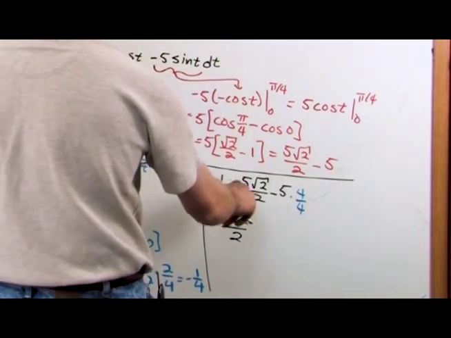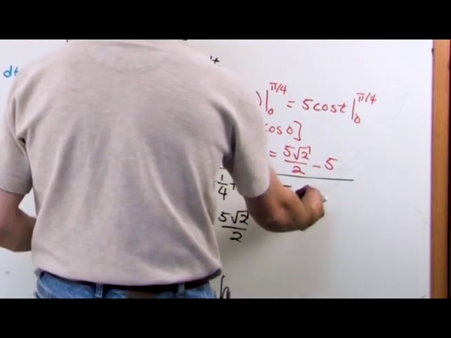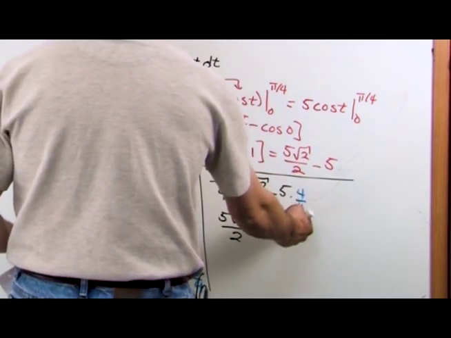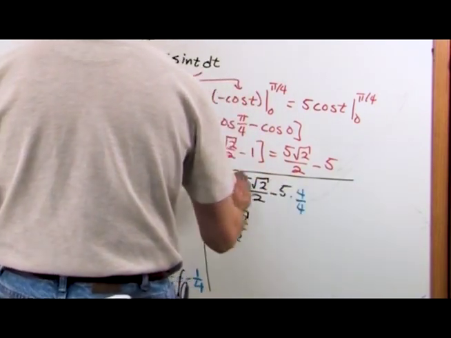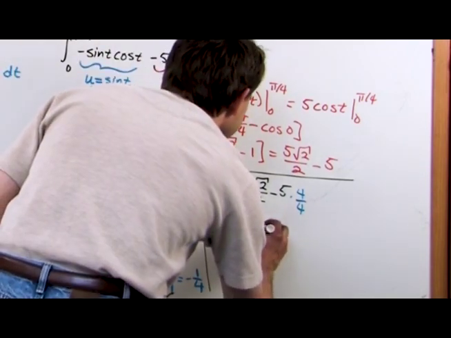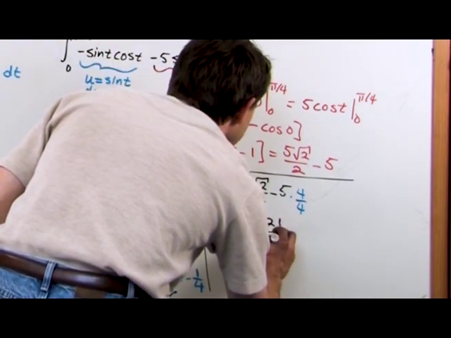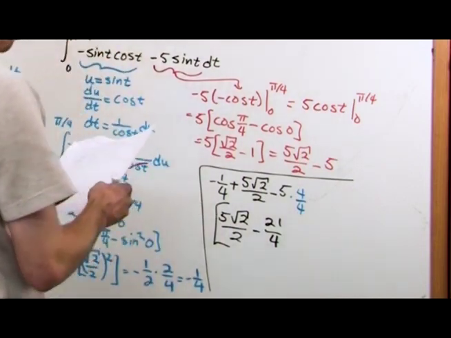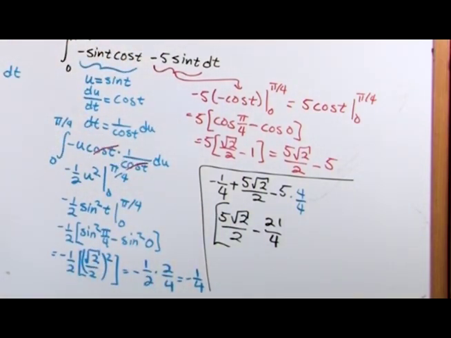And then over here, 5 times 4 is going to give me 20. And it's going to be over 4, so it's going to be negative 20 minus the 1, so it's going to be negative 21 over 4. Okay, negative 21 over 4. 5 times the square root of 2 over 2 minus 21 over 4, and that's the answer to that line integral of a vector field.